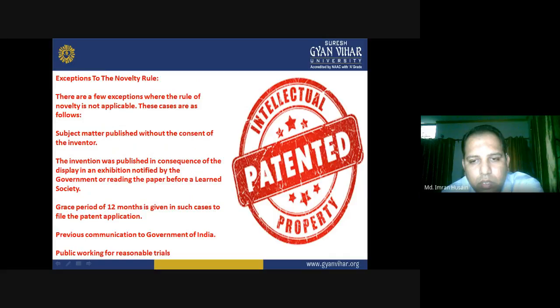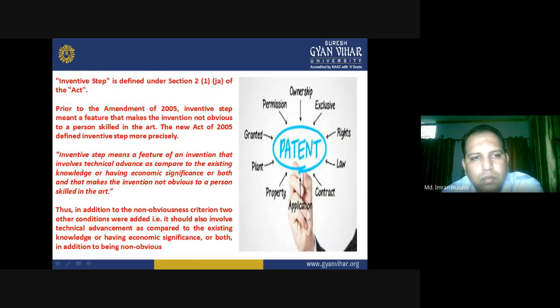So, if such a scenario is faced by individuals, then a grace period of 12 months is given in order to make the changes. Previous communication to the Government of India, public working for reasonable trials. All these things are included in the terms that are not novel.